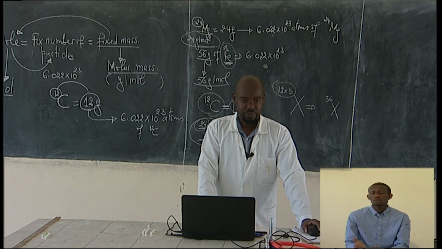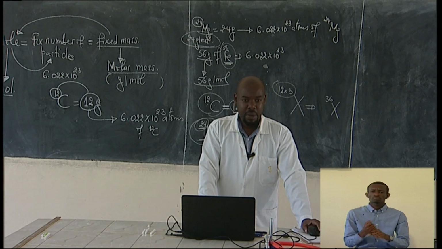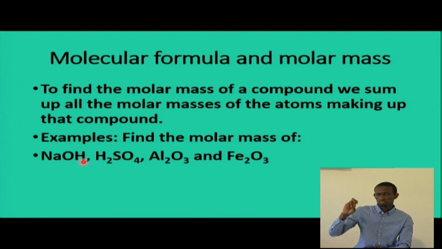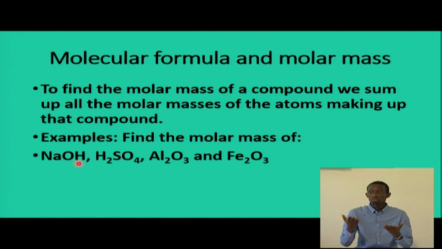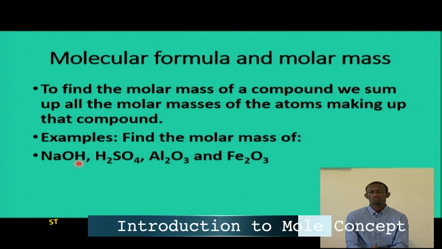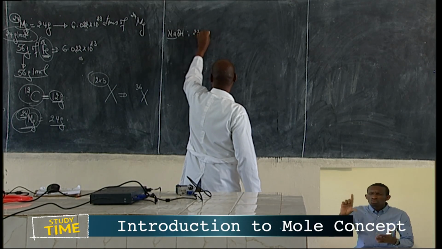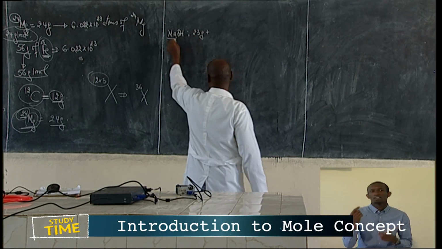You just sum up the molar masses of the atoms we have in the compound. Example, here we have sodium hydroxide. What is the molar mass of sodium? It is 23 grams per mole.